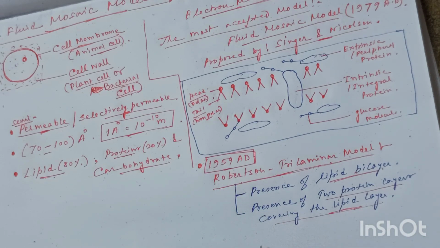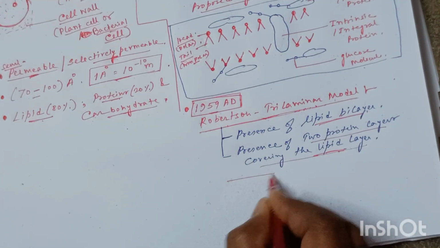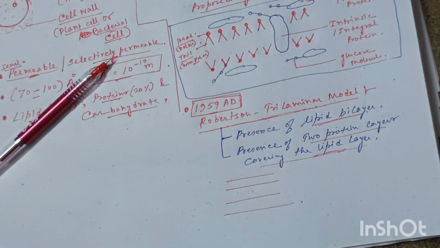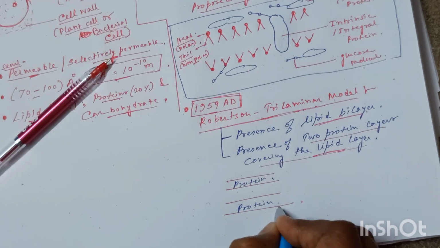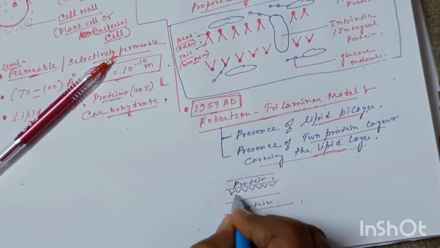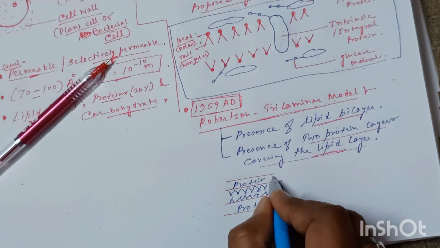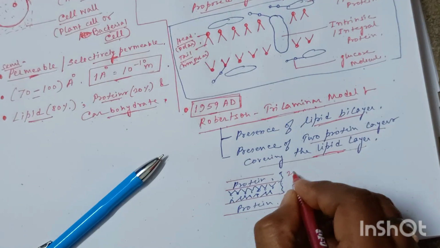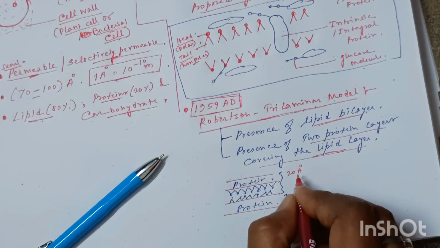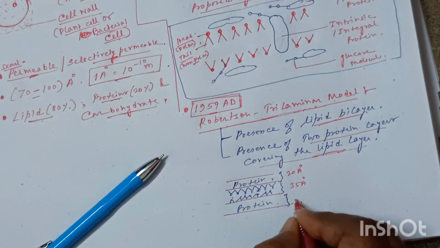The basic structural orientation was this: this is a protein layer, the outside protein layer, and this is the inside protein layer, and in between them the lipid bilayer gets sandwiched. The protein layer thickness remains around 20 angstrom, the lipid bilayer around 35 angstrom, and the other protein layer also 20 angstrom.